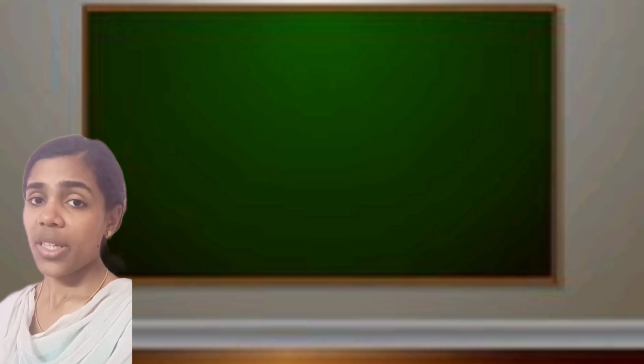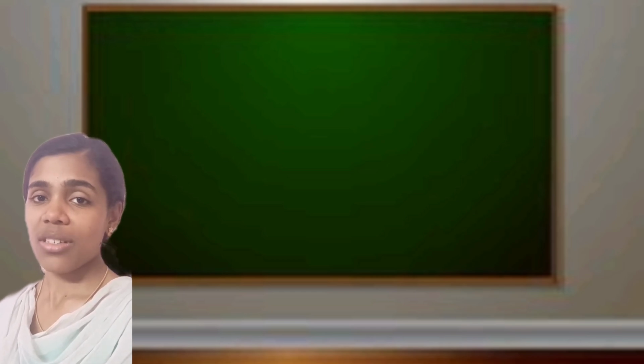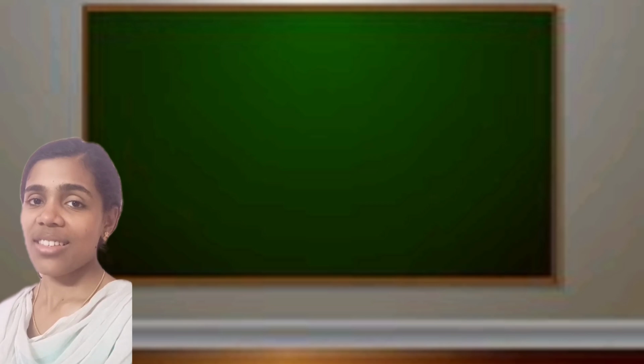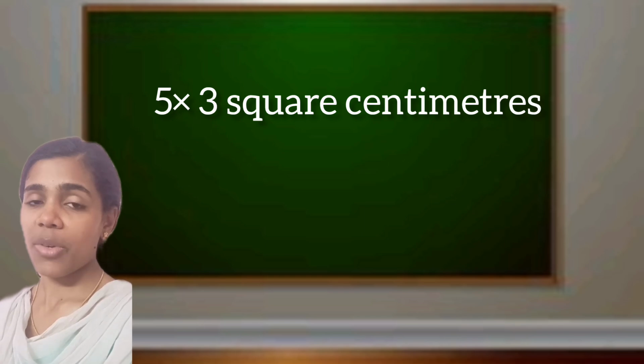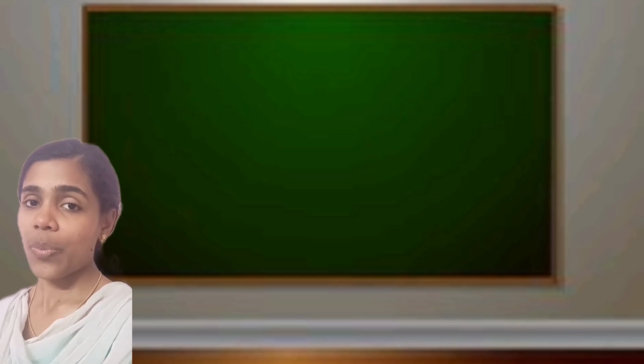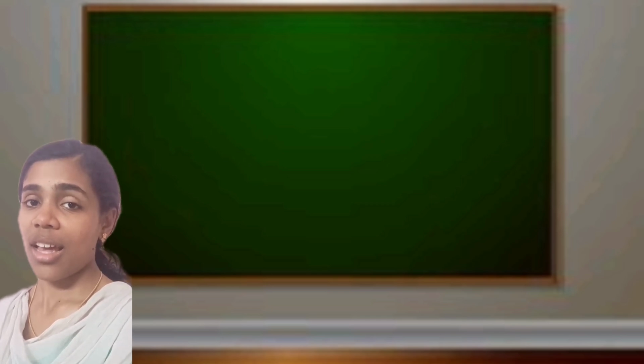In the prism shown here, the base is a rectangle of sides 5 centimeters and 3 centimeters, and hence its area will be equal to 5 into 3 square centimeters. So the volume is the product of this area and its height, that is 2 centimeters.